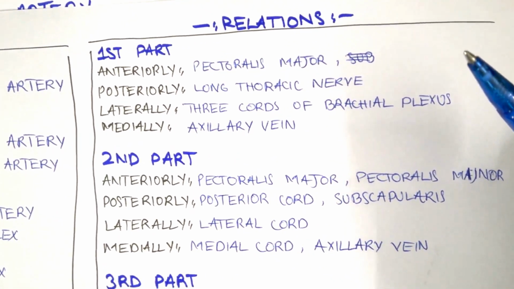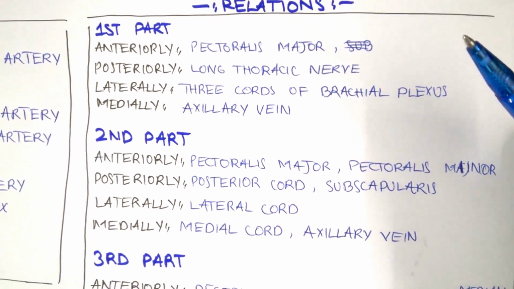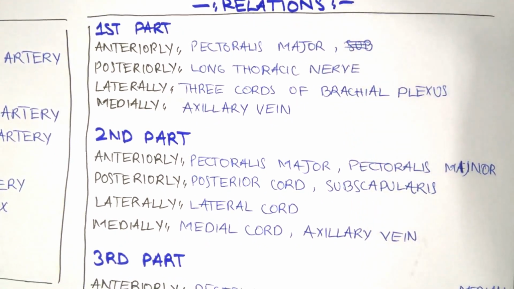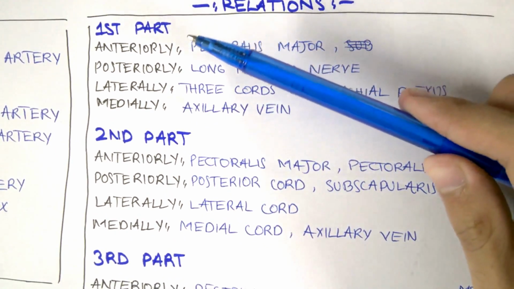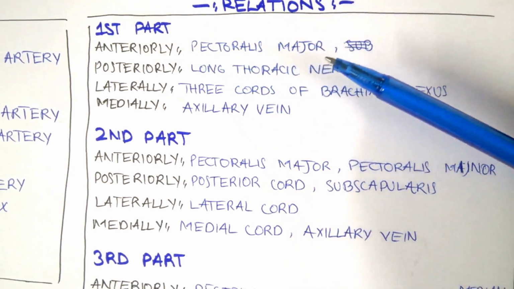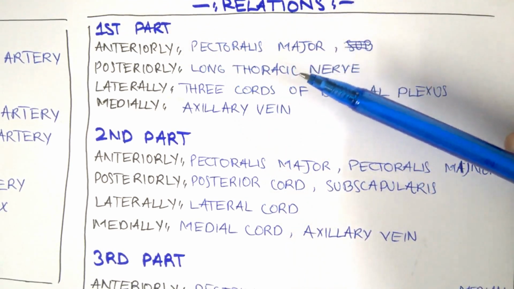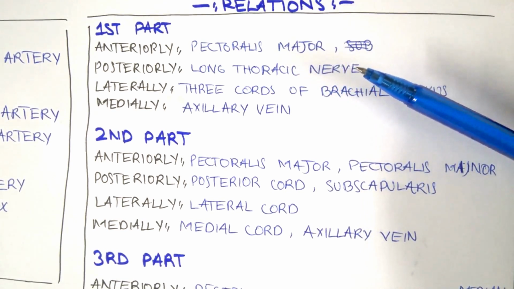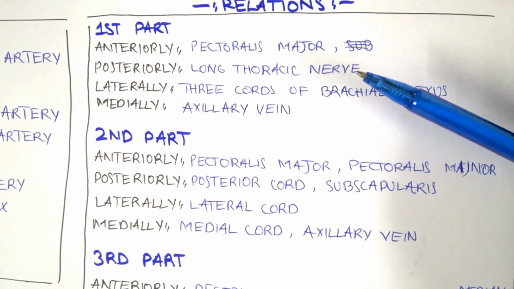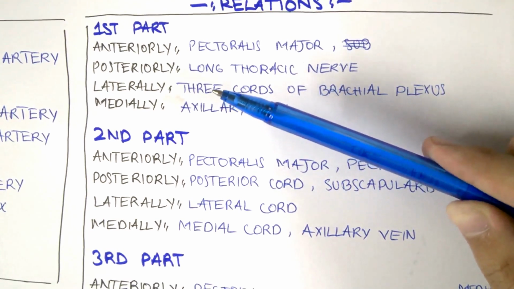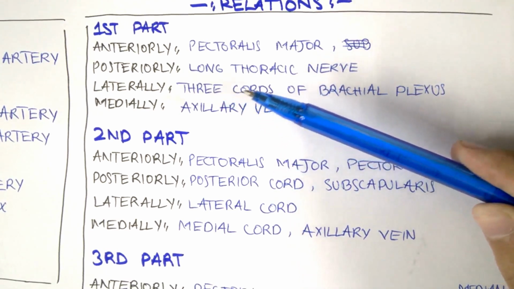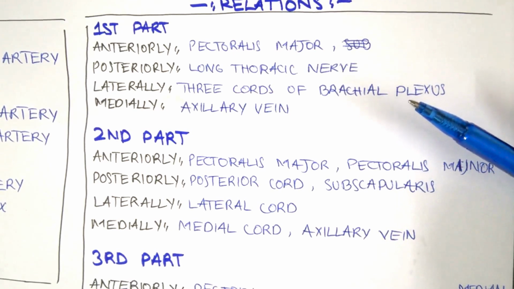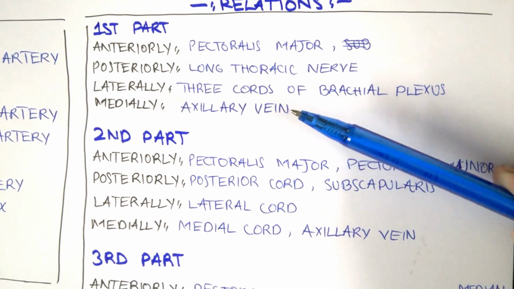Now let's look at the relations of the different parts of the axillary artery. In the first part, anteriorly there is the pectoralis major, posteriorly there is the long thoracic nerve, and also some part of the serratus anterior, which is not that important. Laterally there are the three cords of the brachial plexus, and medially there is the axillary vein.